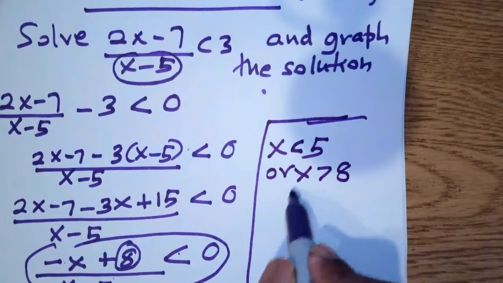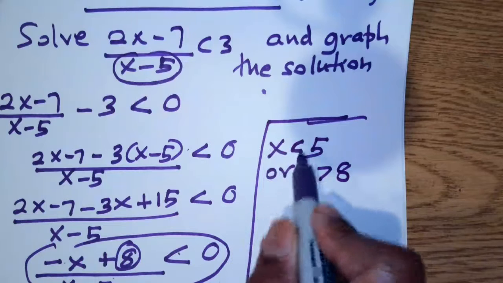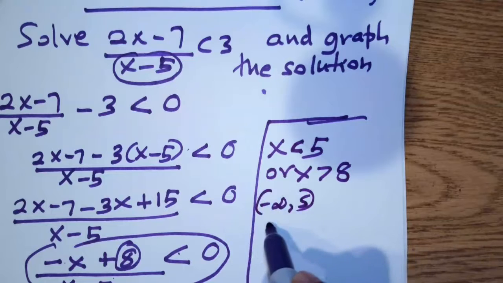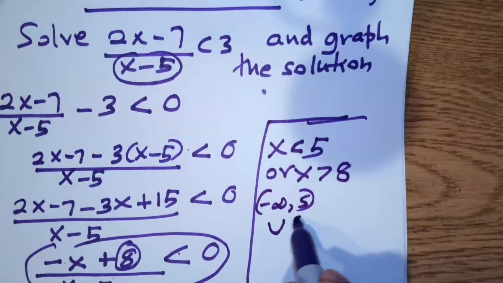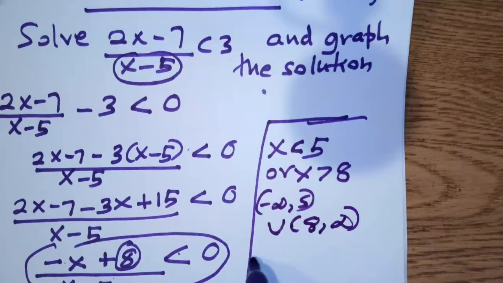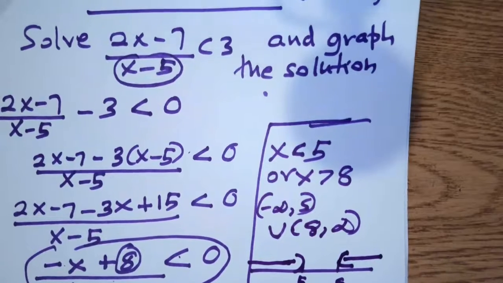If you want to put it in interval notation, everything less than 5 is from negative infinity to 5, union everything after 8, so from 8 all the way to infinity. Make sure that you put the open parentheses here. If you want to put it on the number line, it's 5 and 8. So you have negative infinity all the way up to 5, and then all the way after 8. You want to make sure that you put the correct parentheses.